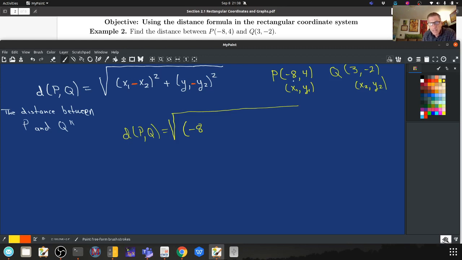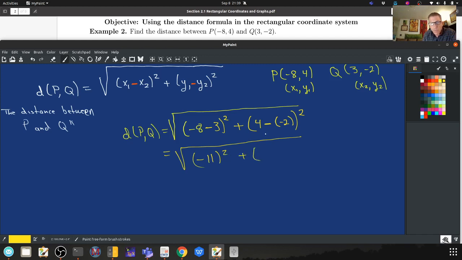So minus 8 minus x2, which is 3. We're going to be squaring that. And then we're going to add y1 minus y2. And here the minus 2 has to bring its negative with it. It can't use the one that's already there. So now we're just going to do simplifications. So minus 8 minus 3 is minus 11 squared.